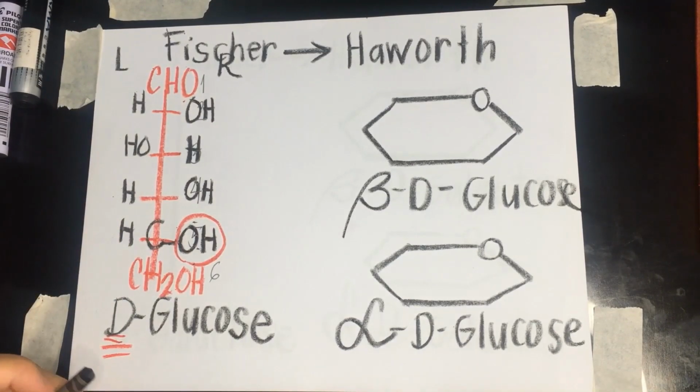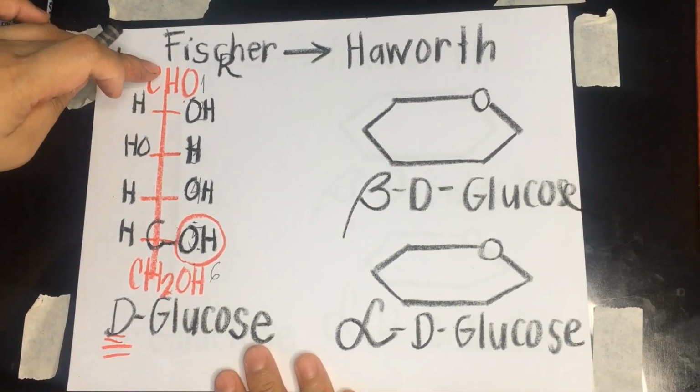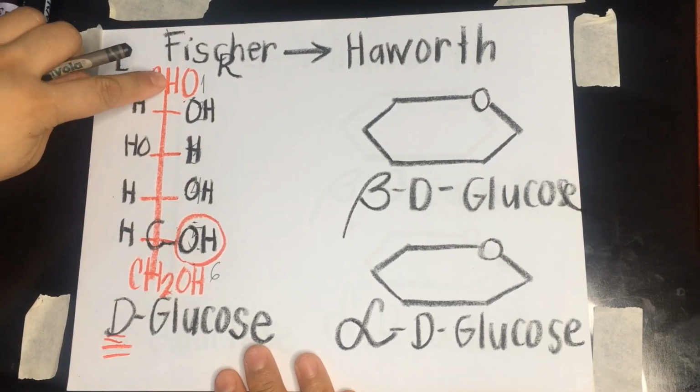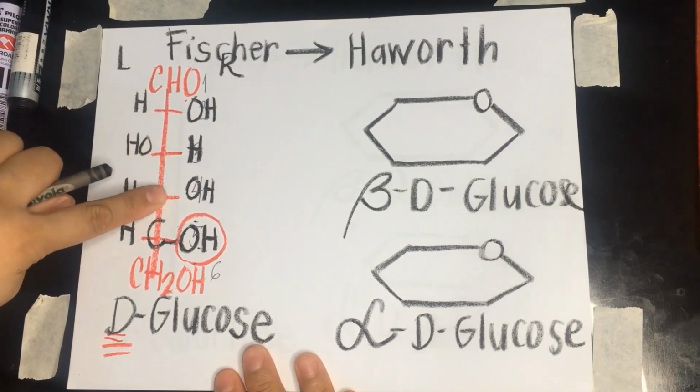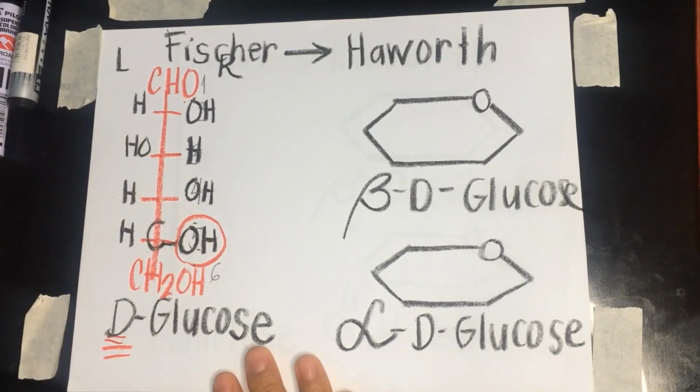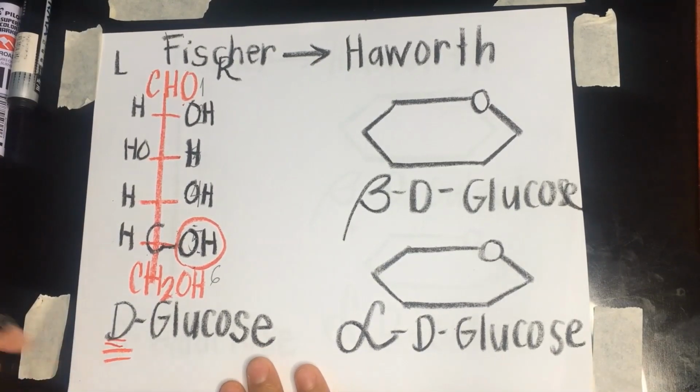Okay, so we are going to double check if all of our structures are complete. Starting from carbon number 1, this is the aldehyde group, and then 2, 3, 4, 5, and 6. Okay, so this is now correct.